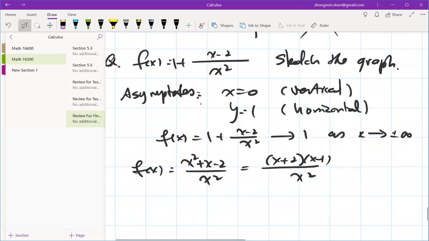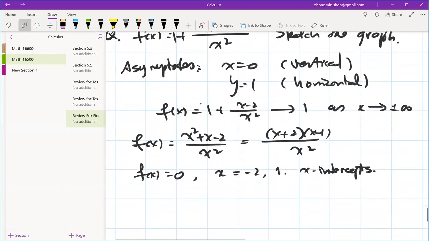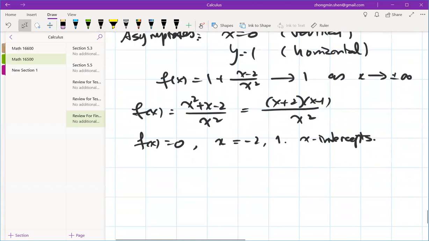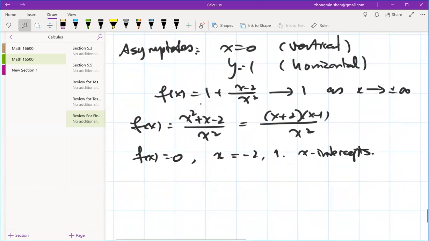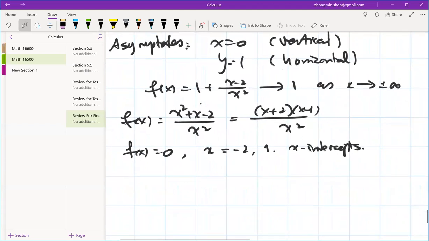Clearly, when f of x equals 0, x is going to be negative 2 and 1, those are the x-intercepts. The graph passes through those 2 points. I think we are almost done to get the graph.